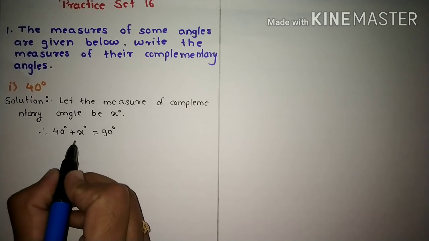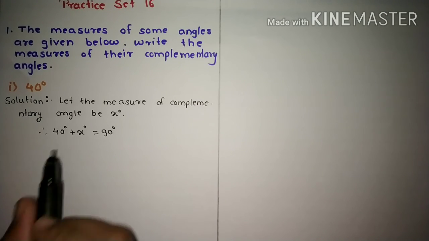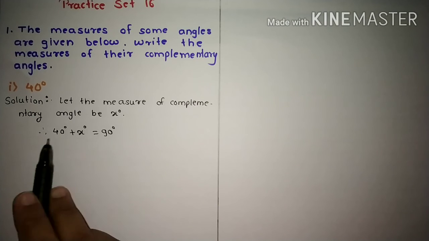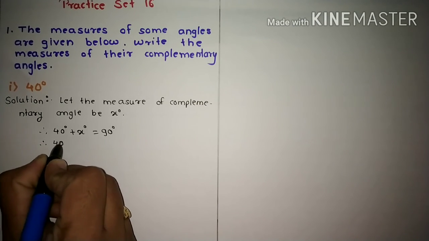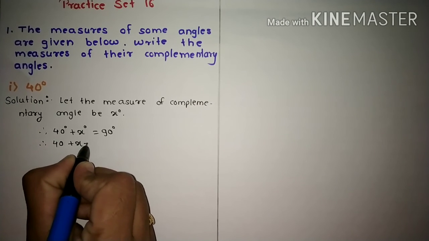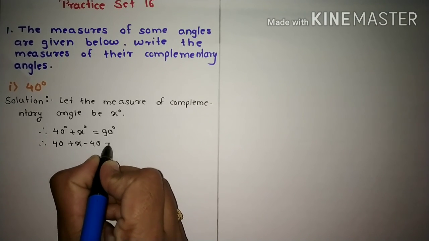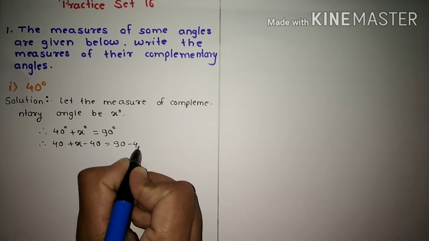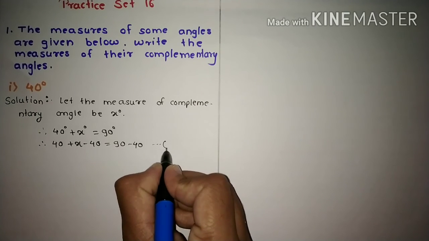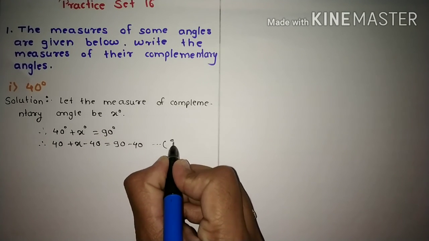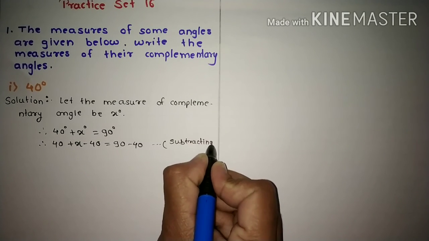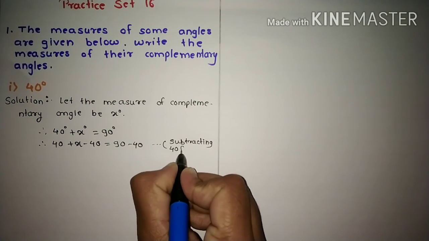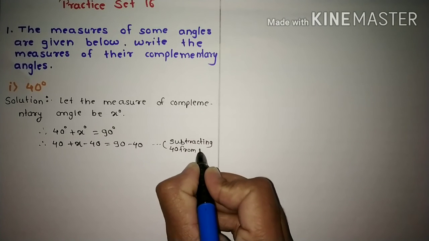So, to find the value of x, we subtract 40 from both sides. Therefore, 40 plus x minus 40 equals 90 minus 40. Here, subtracting 40 from both sides.